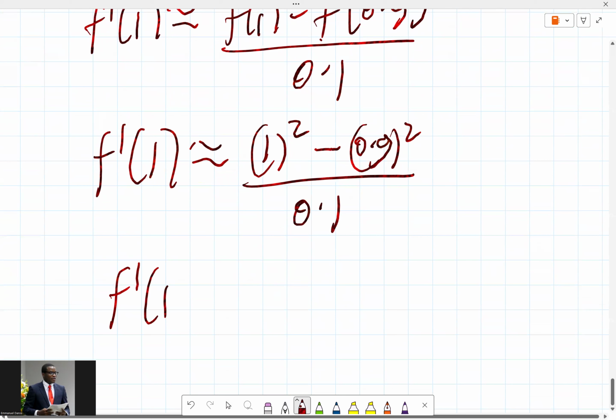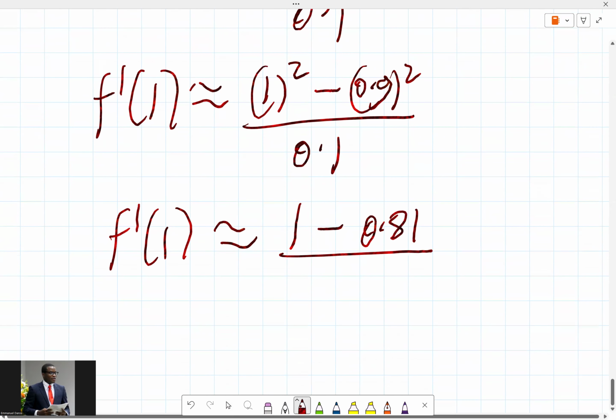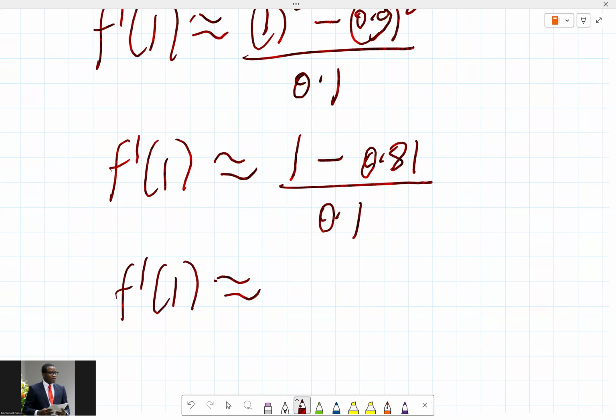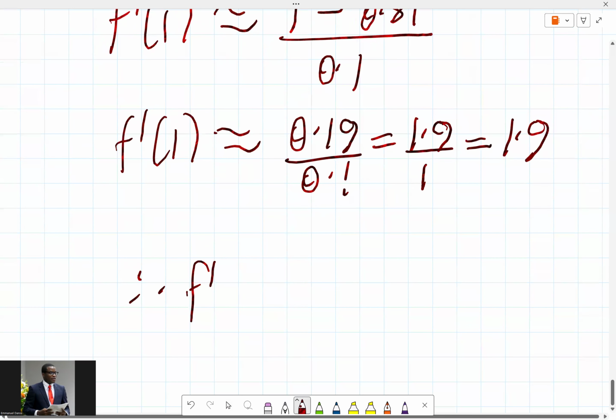So f prime of 1 is approximately 1 minus 0.81, that's 9 times 9, 81, two decimal places, divided by 0.1. Just imagine it as 100 minus 81, that's 19. So we have 0.19 divided by 0.1, which is 1.9 divided by 1. If you shift the decimals by one step, the answer is 1.9. So we can say therefore f prime of 1 in this case is approximately 1.9.